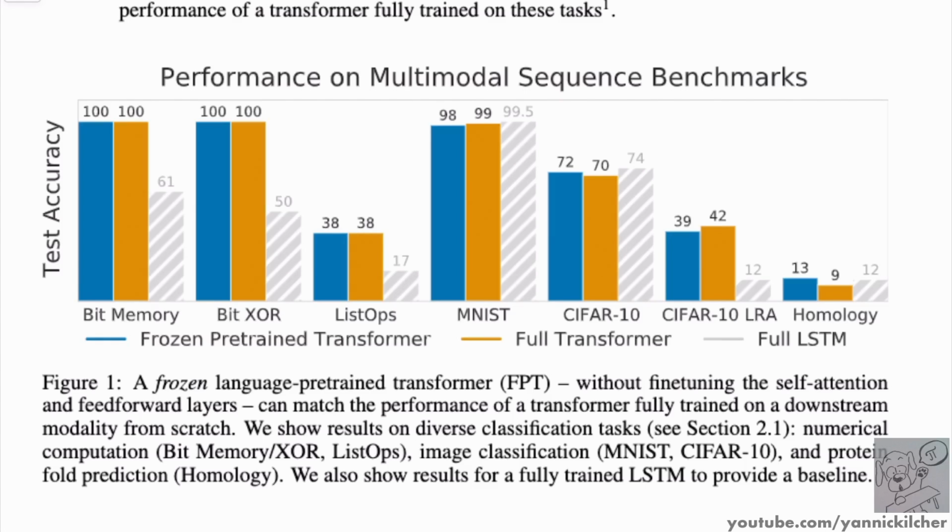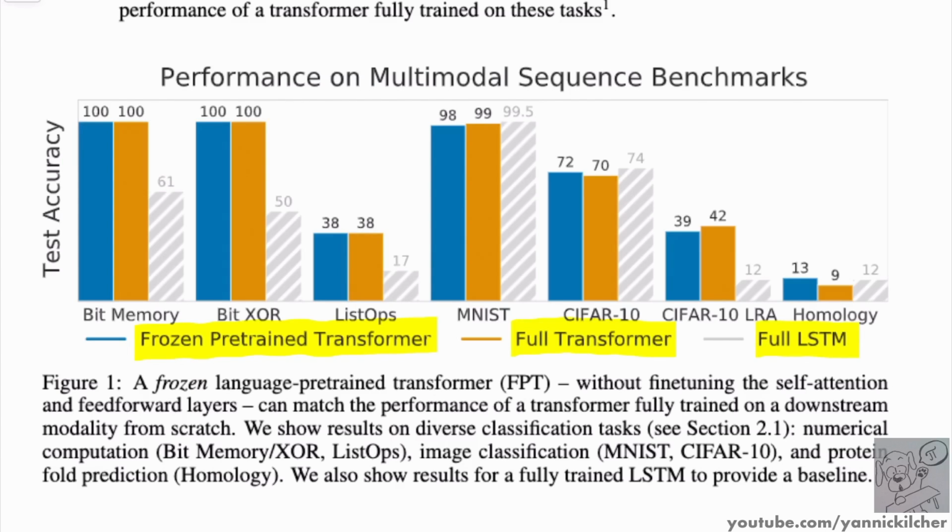And they show that on these specific tasks, these frozen pre-trained transformers, as you can see right here, are competitive, if not outperforming, a transformer that is fully trained from scratch on these tasks. And it also mostly outperforms LSTMs that are fully trained from scratch on these tasks.